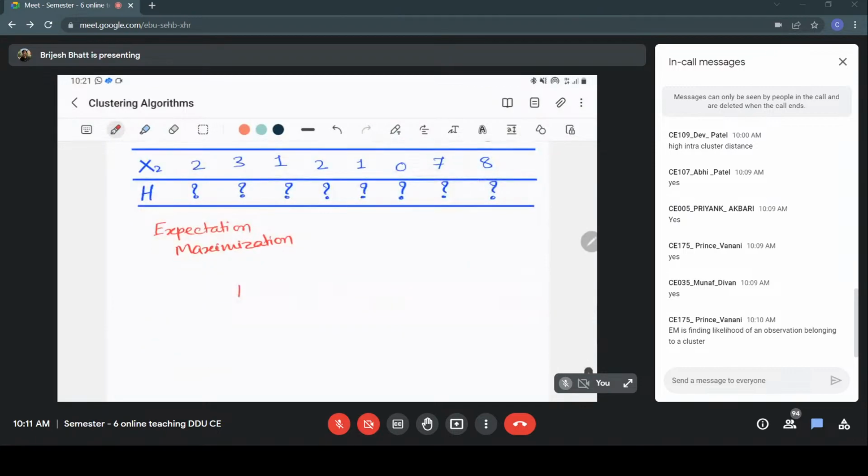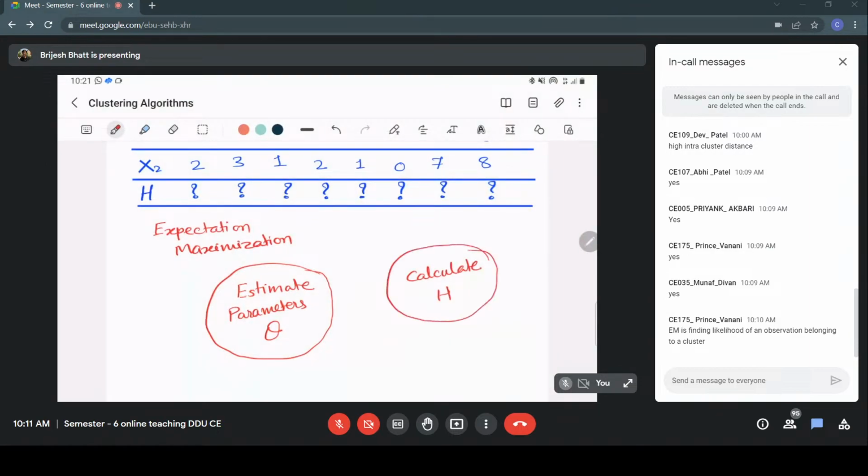One is estimate theta, and calculate h. Right? So there are two unknowns, theta and h, in the case of expectation maximization.